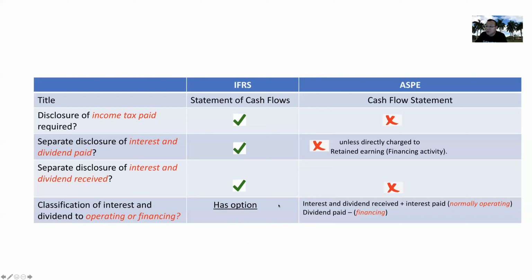I want you to walk away from this slide knowing that under IFRS, we need to disclose income tax paid to CRA, interest paid to creditors, dividend paid to the shareholders, and also interest received and dividend received. All of this has to be separately disclosed.